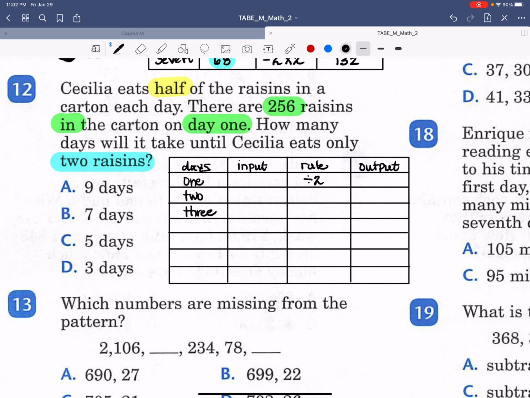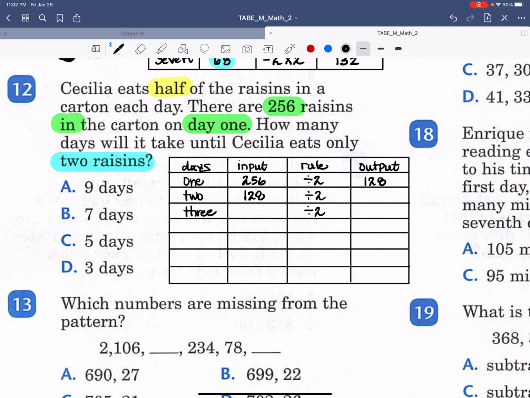The smallest answer choice we have is 3, so I'll go at least that far. And if I need to, I'll keep adding to that. And it tells me in day 1, that's the input for day 1, there are 256 raisins. So let's divide. 256 divided by 2 is 128.